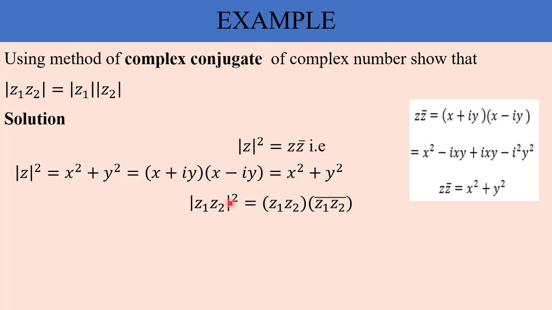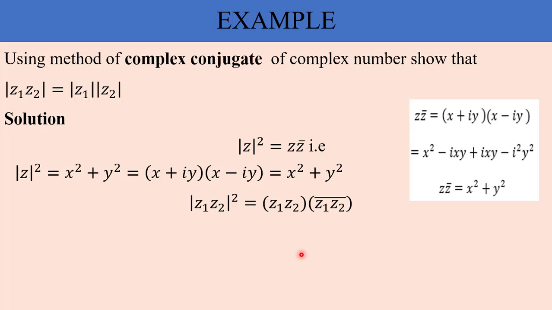So this means that the magnitude of z1 z2 squared is equal to z1 z2 times the complex conjugate of z1 z2, whereby z1 z2 is represented by z here, and its complex conjugate is represented by this.